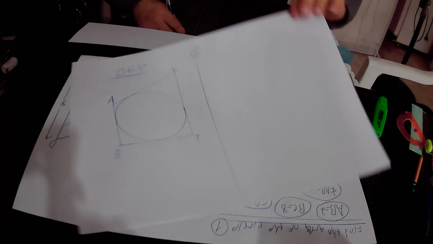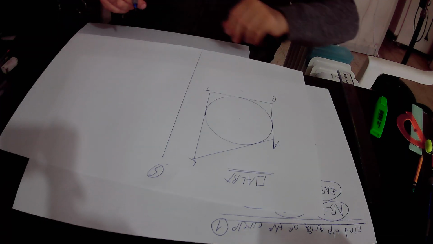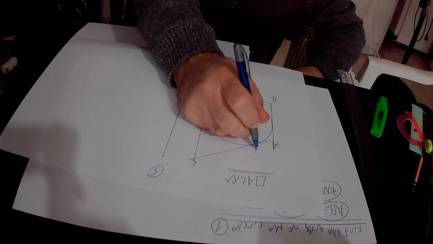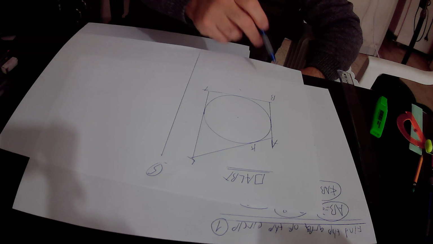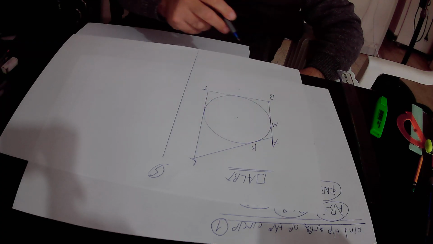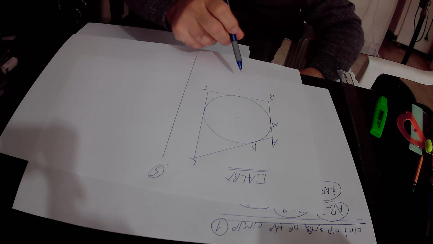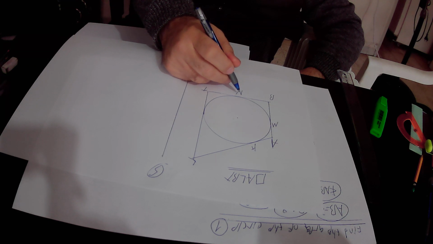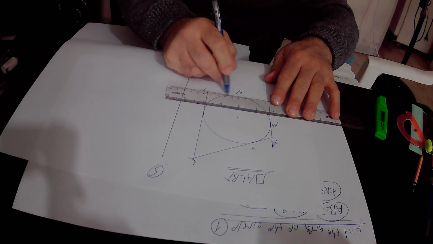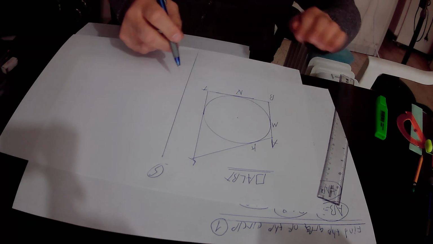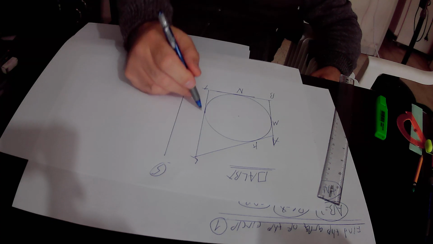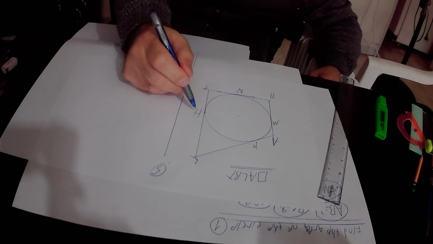First of all, we define the point of tangency of tangent AL with this circle as K. We define the point of tangency of tangent AB with this circle as M. We define the point of tangency of tangent BT with this circle as N. And finally, we define the point of tangency of tangent LT with this circle as H.